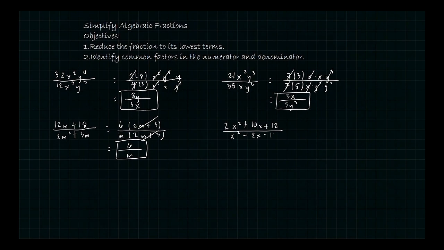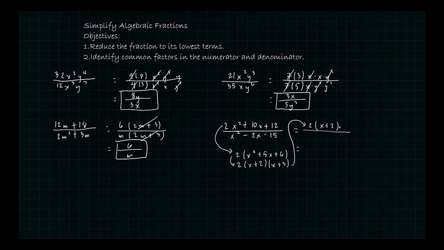Next example, we have 2x squared plus 10x plus 12 over x squared minus 2x minus 15. For our numerator, we factor out 2 and we have x squared plus 5x plus 6. We can still factor this and we have 2 times (x plus 2) and (x plus 3). That's for our numerator.